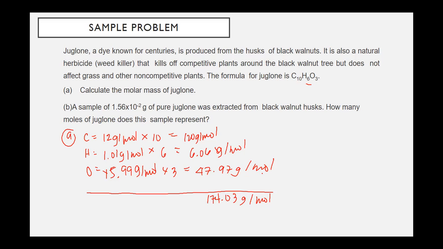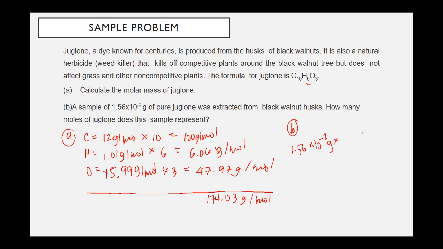So, sample daw, 1.56 times 10 raised to negative 2 grams of pure juglone was extracted from black walnut husk. So, how many moles of juglone does this sample represent? Since meron na tayong molecular weight, magiging 1.56 times 10 to negative 2 grams juglone. So, para makuha natin yung moles, i-divide natin siya sa molecular weight.